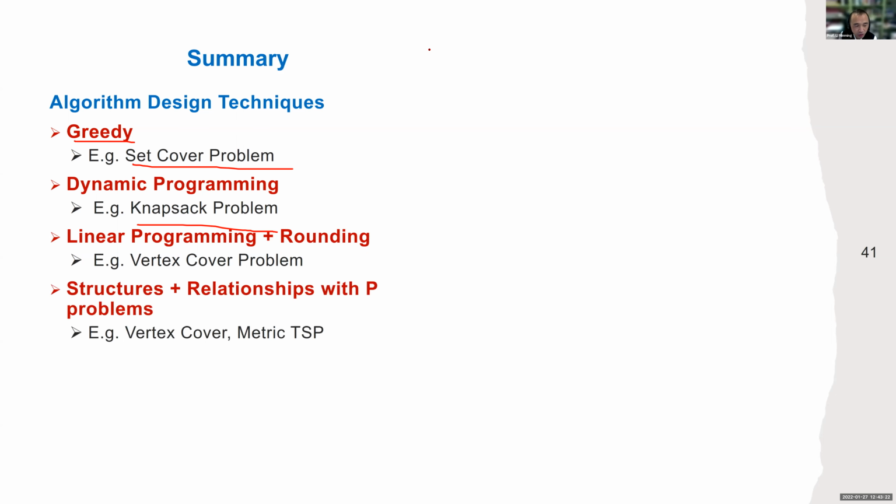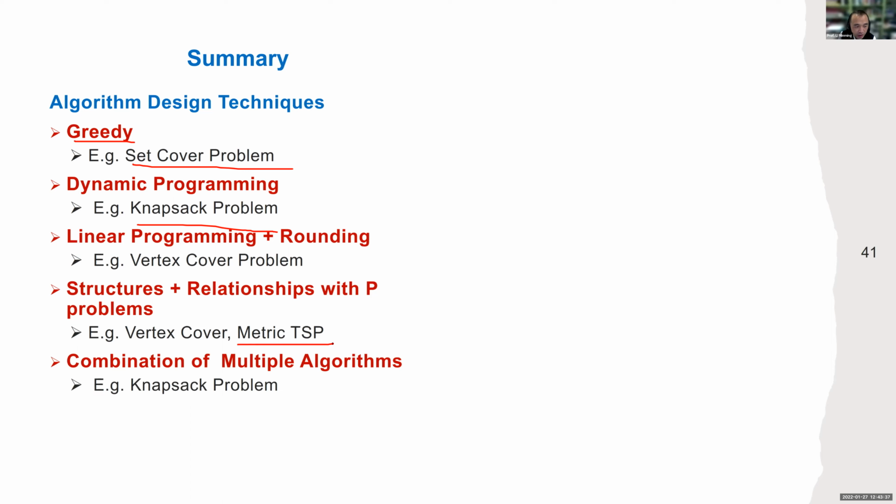And then sometimes you can even use the structures or relationship with P problems to give approximation for the metric TSP, which means the edges satisfy the triangle inequality. Of course, you can also combine multiple algorithms to get good approximation. For example, knapsack. Do you still remember that?